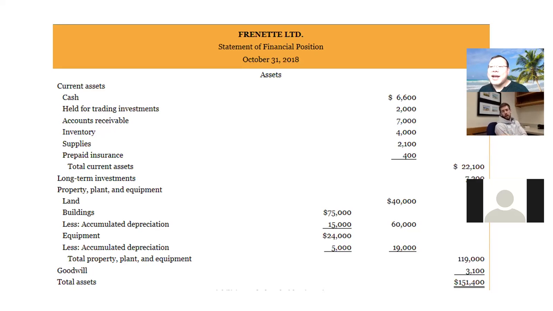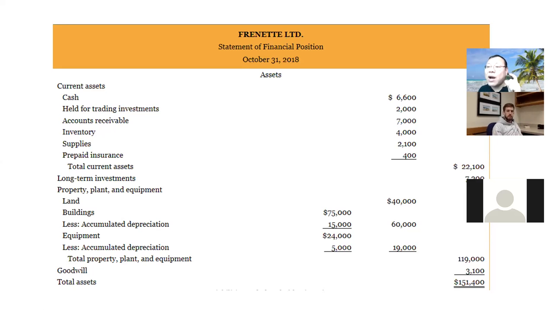And then we have one account to capture the total amount of depreciation recognized to date. That's called accumulated depreciation, the total depreciation accumulated since the acquisition of the asset. It's important to know that land is non-depreciable.